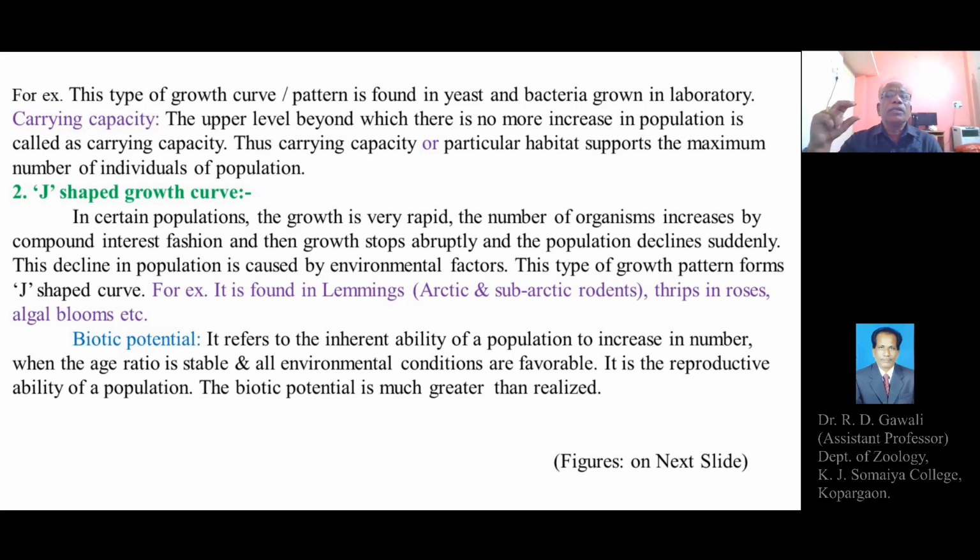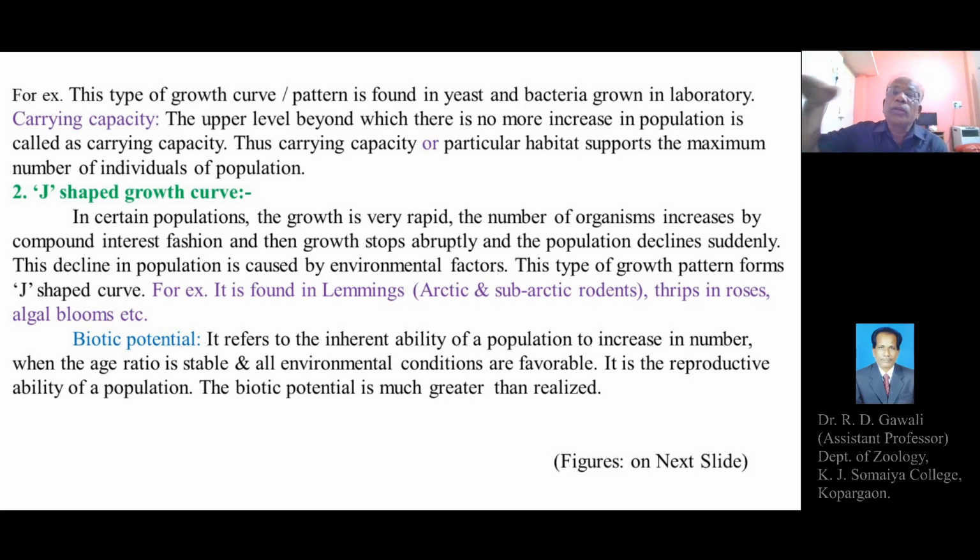So carrying capacity is thus a potential of the respective habitat or environment for the provision of different essential materials, nutrients, or components which are essential for the growth, development, or sustenance of the living organisms or species in the respective habitat.